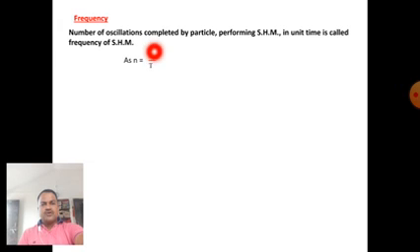It means that for one oscillation the time becomes T. The general formula is frequency equal to number of oscillations divided by total time required. For one oscillation we put 1, and the time is the period. So the formula arises n is equal to 1 upon T.